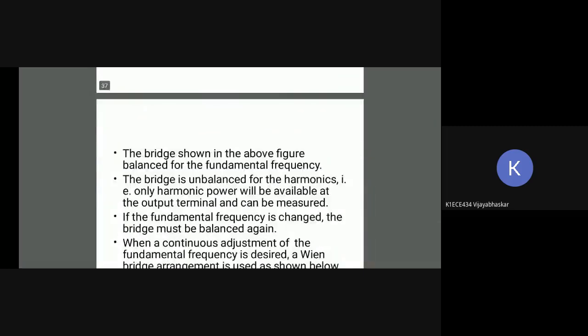The signal consists of some frequencies, and those frequencies are known as the fundamental frequency. This fundamental frequency can be balanced by this bridge only. So this bridge is used to balance the fundamental frequency.